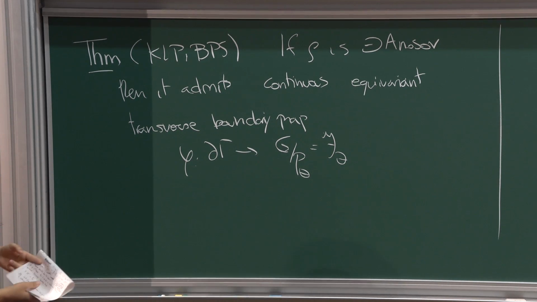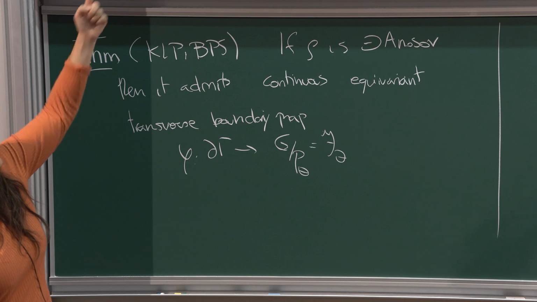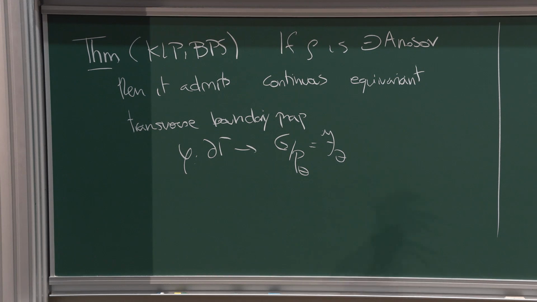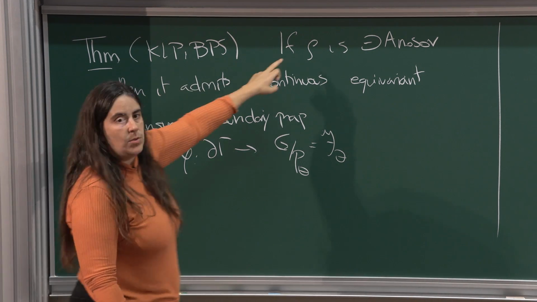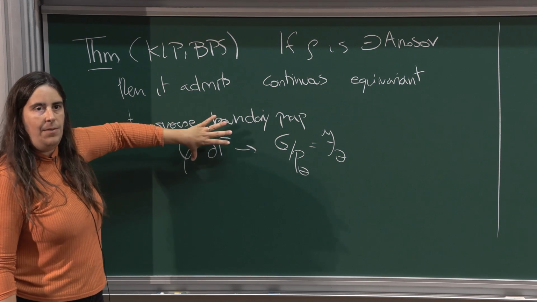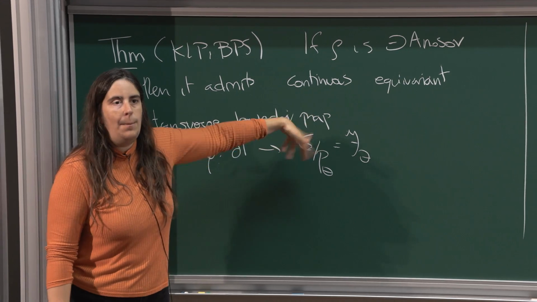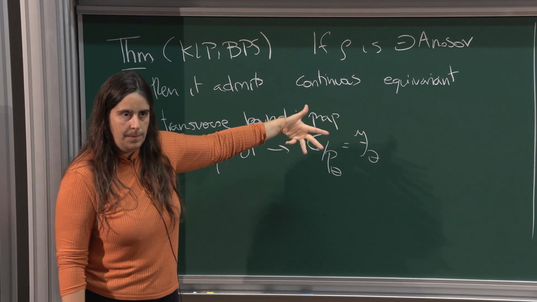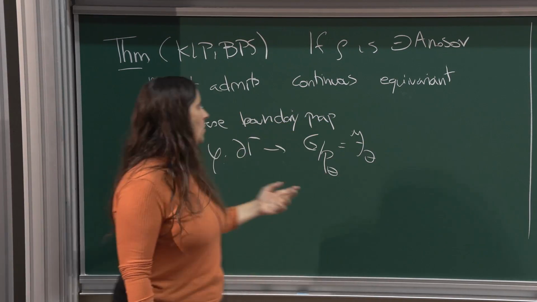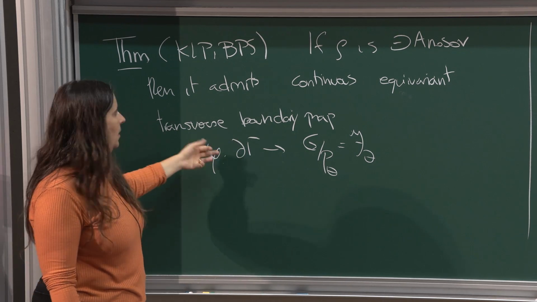So, as in the case of two different hyperbolic structures, I want to have a map at infinity. I want this to be equivariant with respect to rho, meaning that if I act with gamma on the left and I do phi, or if I do first phi and then I act with rho of gamma on this flag space, I get the same thing. So this is what equivariant means. Continuous means I have a topology in both cases, and I want this to be continuous as a map.